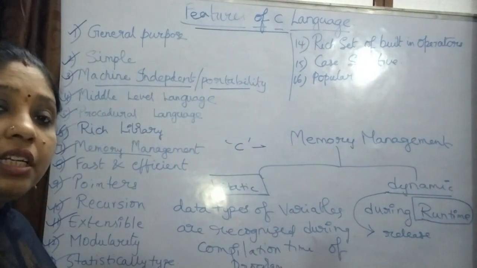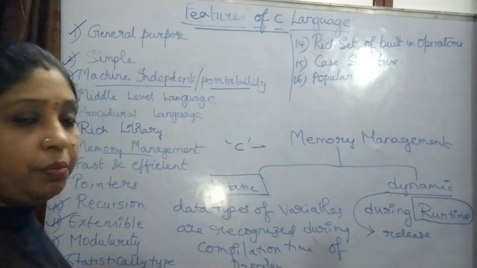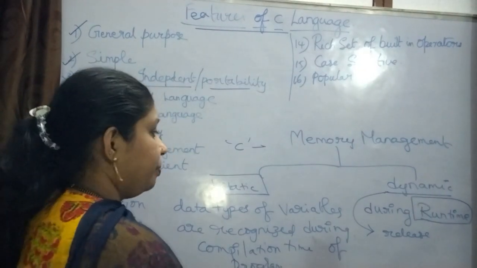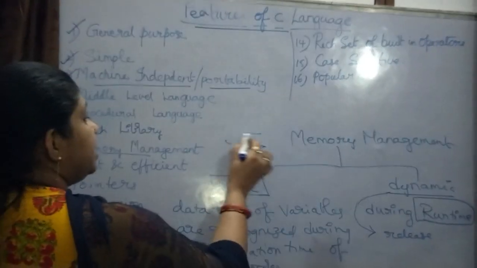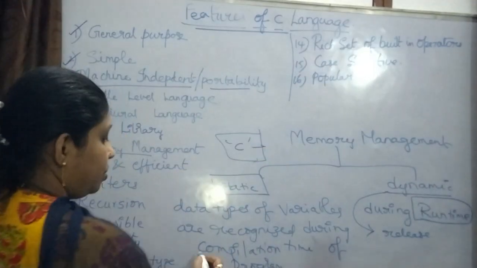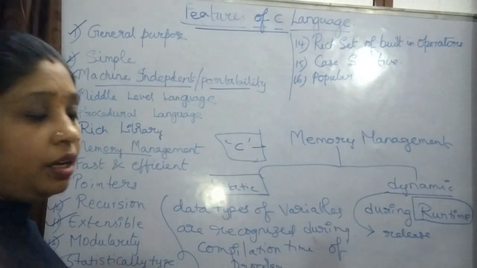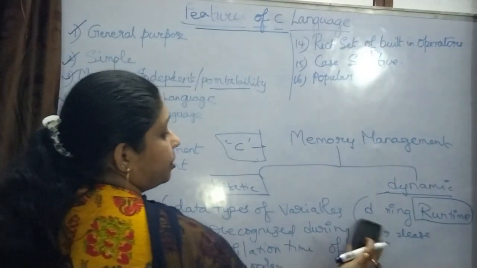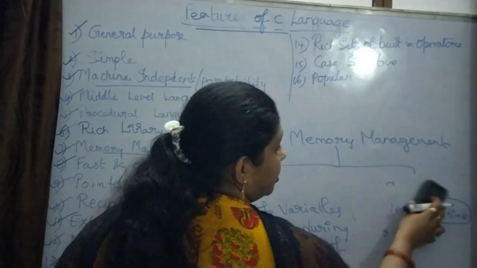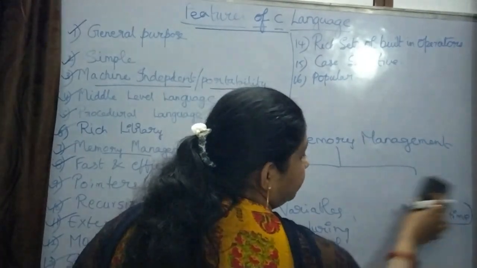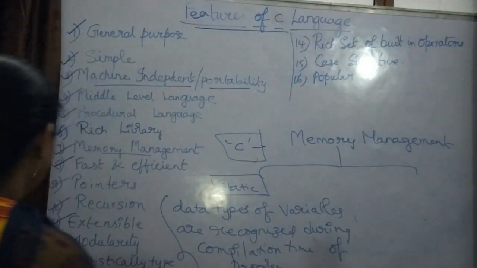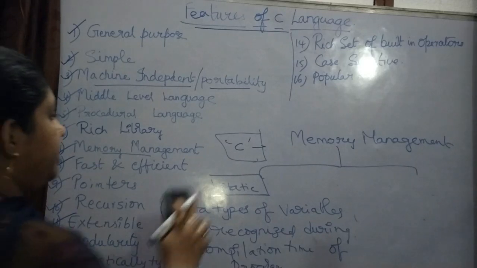That's why it can release the memory of that particular variable also. So here C is statically typed, so C is going to accept this feature. Okay, this is about statically typed.